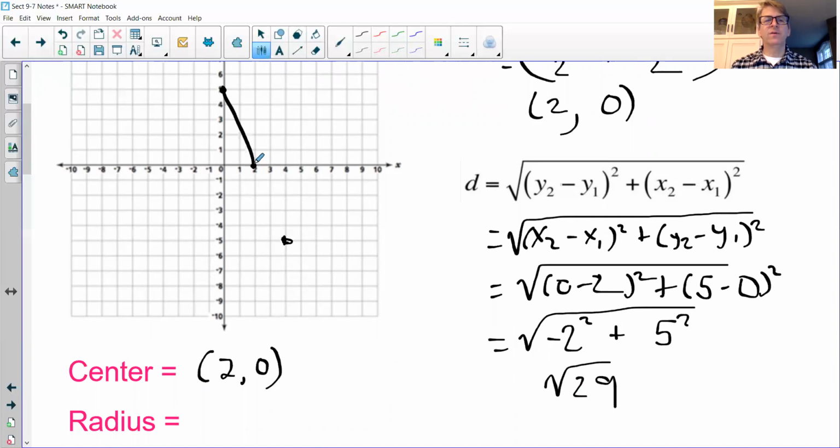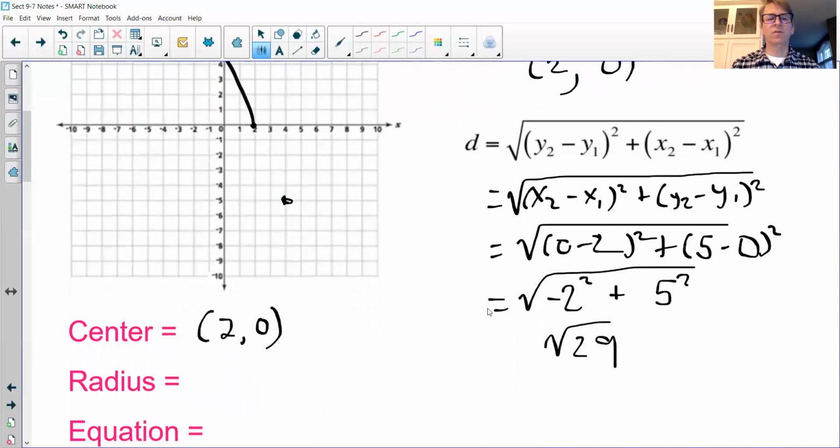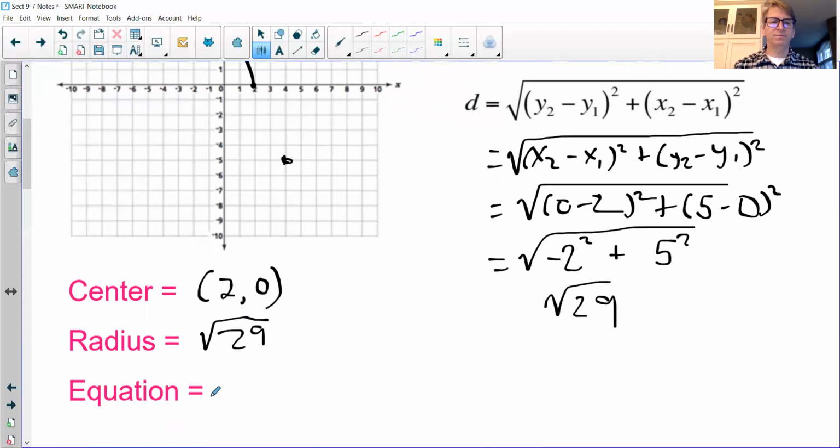So the radius, we found you were given the diameter, we found the midpoint at (2, 0), and now we found the radius by using this distance formula, square root of 29. Okay. Now, what's the equation?